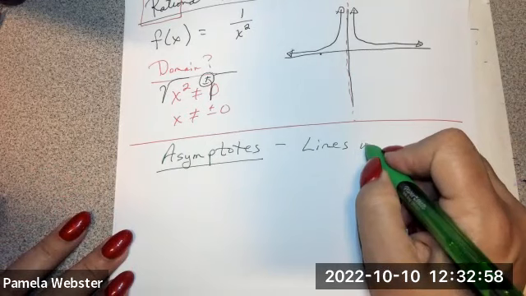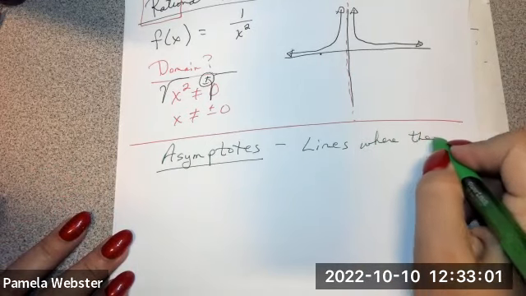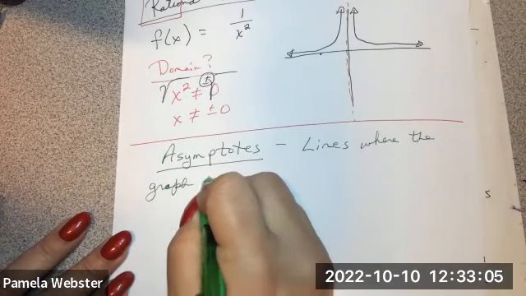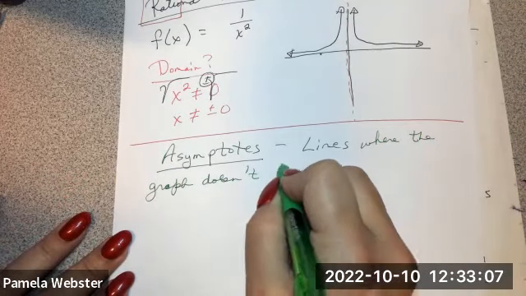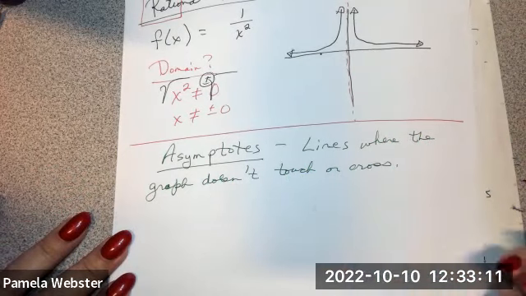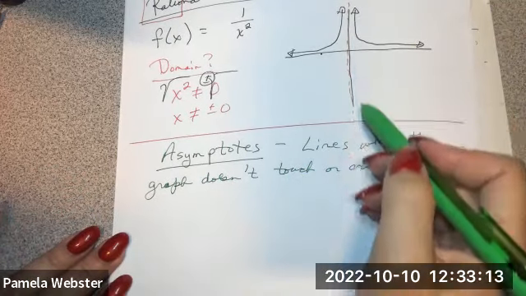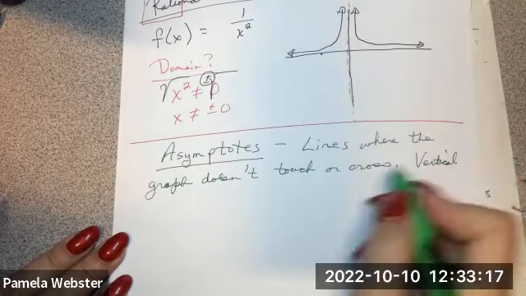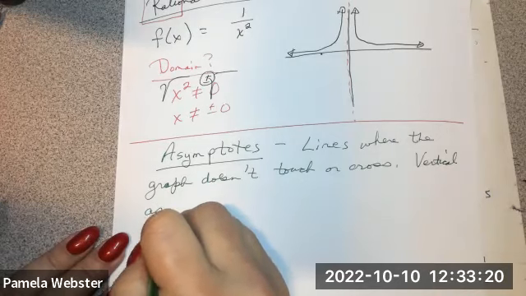They're lines where the graph doesn't touch or cross. Okay.